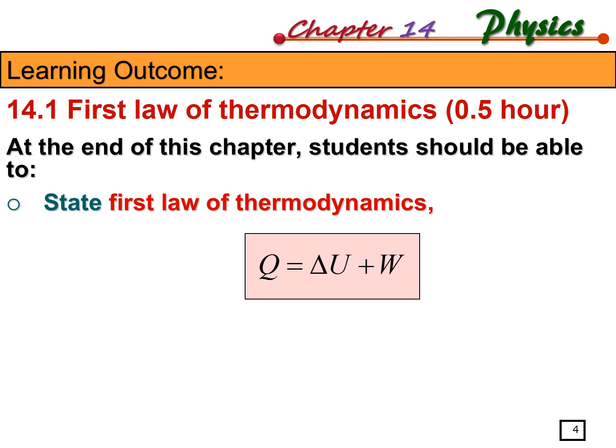If you can see on this slide, there is one equation, that is Q equal to delta U plus W. This is the equation for the first law of thermodynamics. So Q actually is heat, and U is the internal energy of the gas. So delta U is the change in the internal energy of the gas, and W is work done.